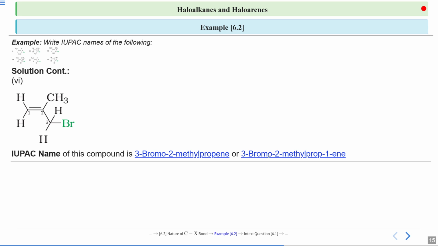Or you can also write it as 3-bromo-2-methylprop-1-ene to show the position of the double bond, which is at carbon 1. You can simply write propene; it will be understood that the double bond is present at the first carbon. And if you want to write it particularly, then you can write prop-1-ene to represent the position of the double bond. So you can write it both ways, both are correct.